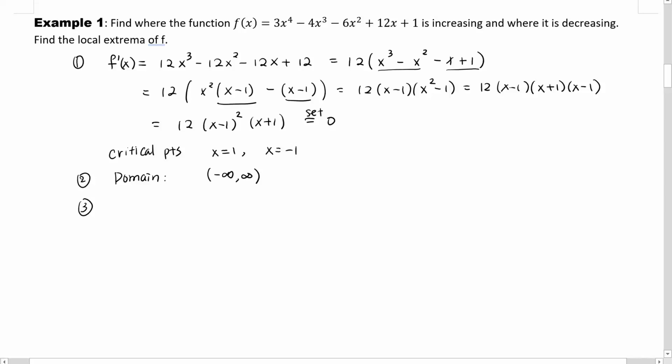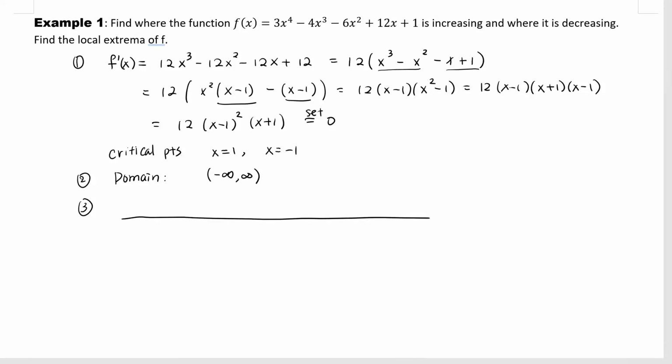Because the domain is all real numbers, we draw the whole real line and plot the critical points, minus 1 and 1. Now you can see the critical points separate this real number line into 3 subintervals: minus infinity to minus 1, minus 1 to 1, and 1 to infinity.